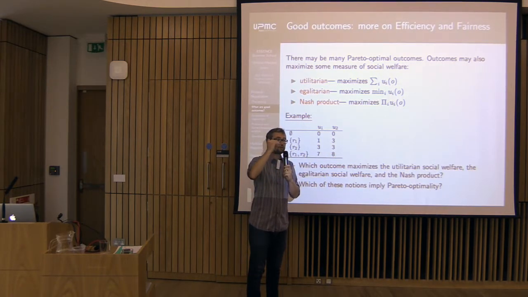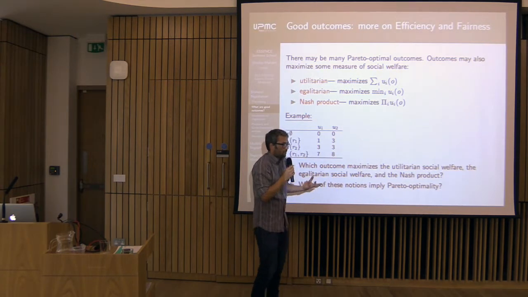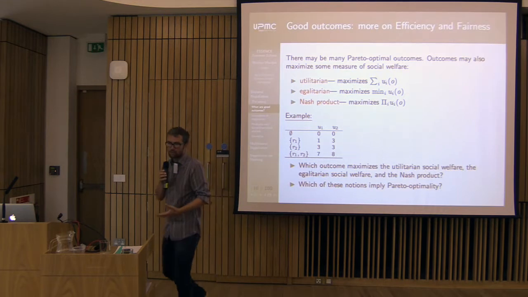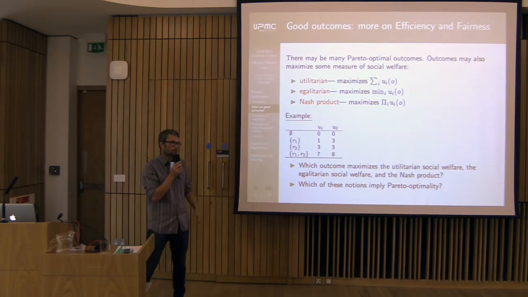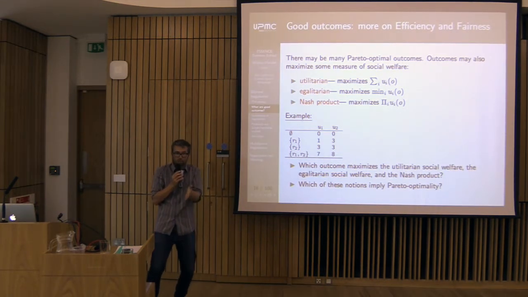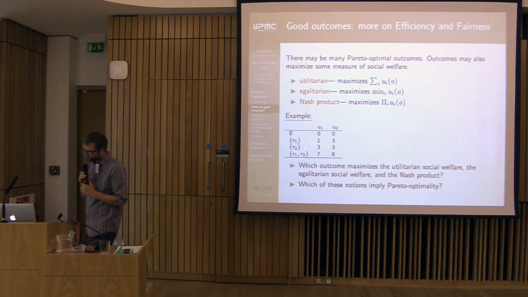But if you have a different outcome which gives 5 for agent 1 and 10 for agent 2, this is not better in terms of egalitarian social welfare. They are both optimal in terms of egalitarian social welfare because they both give 5 for agent 1. So it does not imply, in that case, Pareto optimality. Because you just focus on one agent, the worst off.